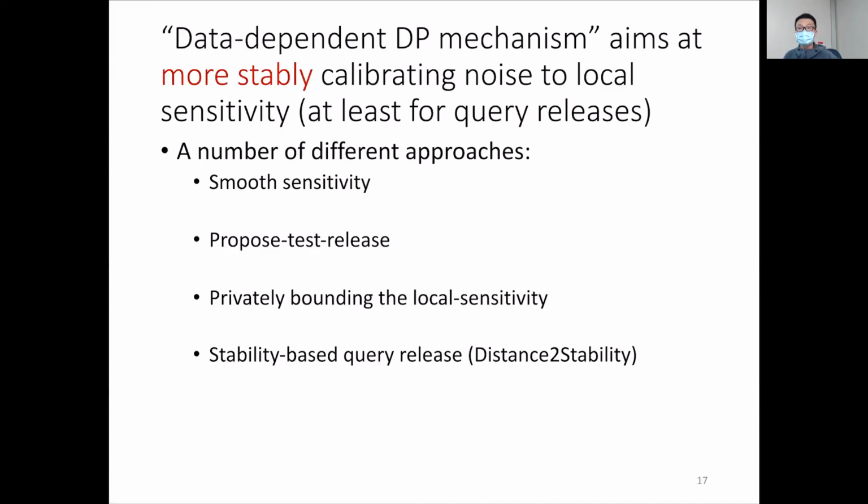Also in this category are stability-based query releases, which have an interesting feature that they don't require any noise to be added to the query. All of these are, one way or another, trying to adapt to local sensitivity in ways that are stable, either through changing the sensitivity and then the amount of noise you add, or through the stability implied by differential privacy itself.